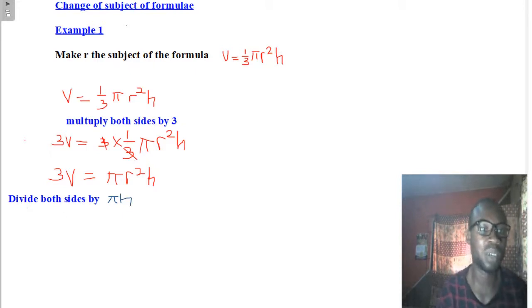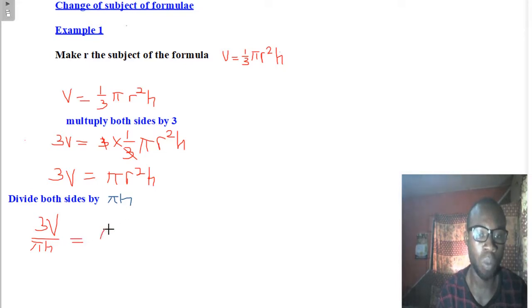So now we have 3v over pi h is equal to pi r square h all over pi h.